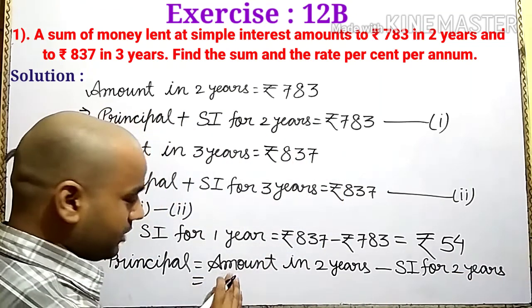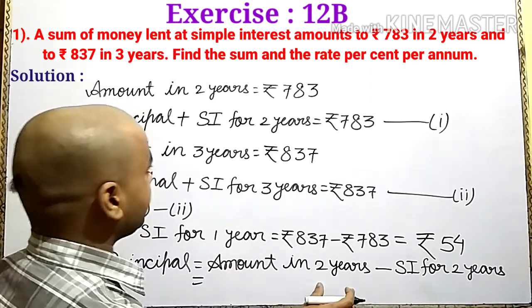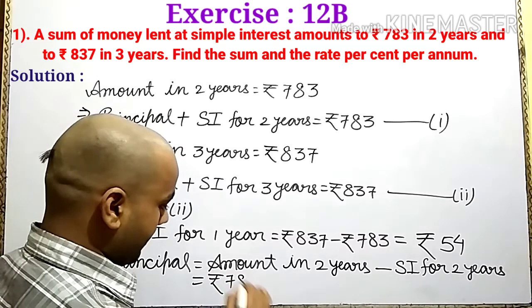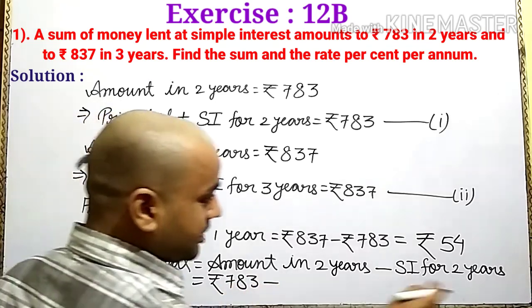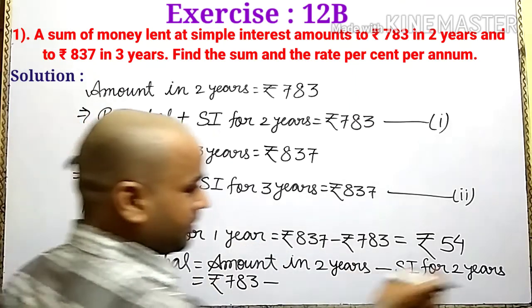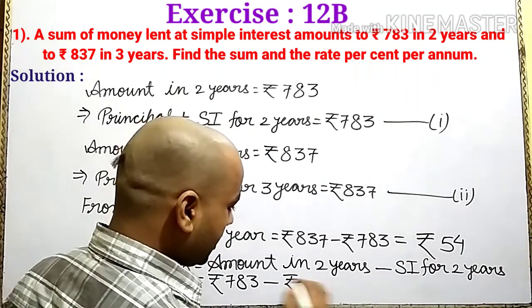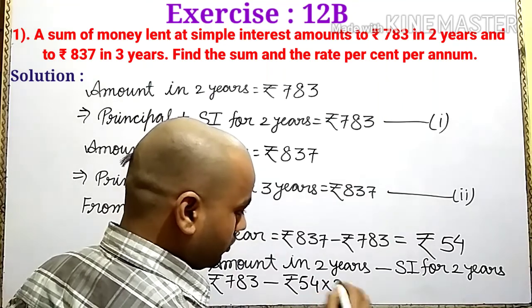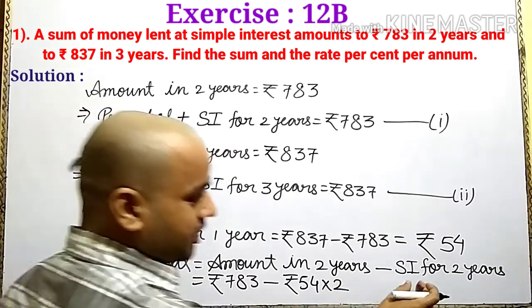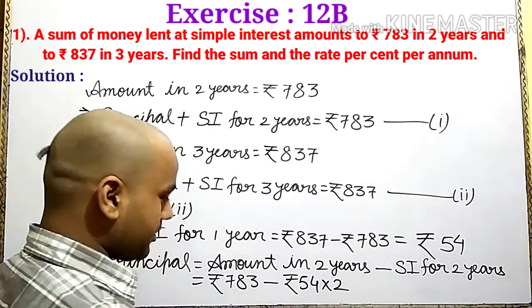So here in the question, amount in 2 years is given as 783. Or simple interest for 2 years. So we found simple interest for 1 year, 54 rupees. For 2 years, 54 into 2. Simple interest of 3 years, multiply by 3. Simple interest for 5 years, multiply by 5.